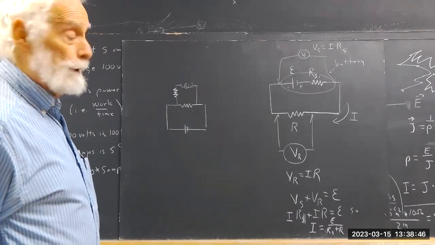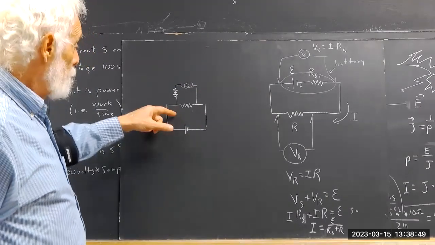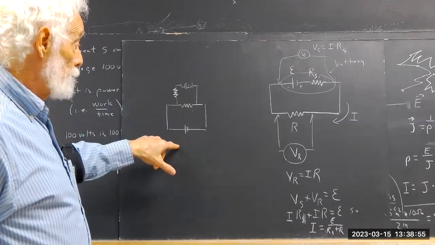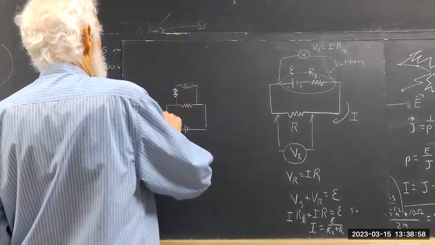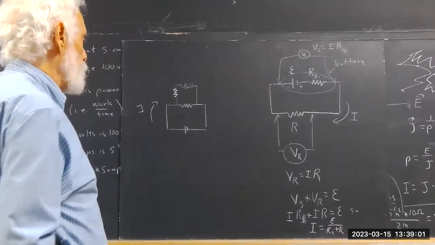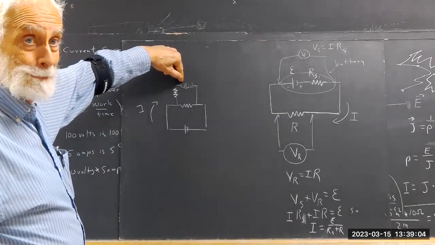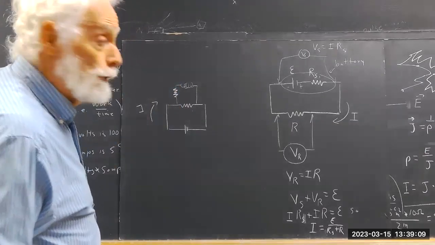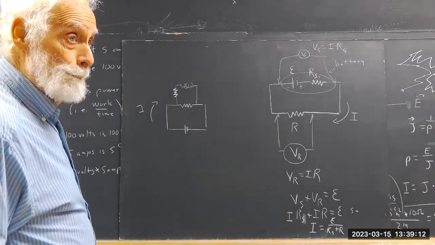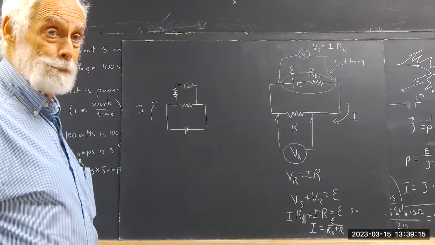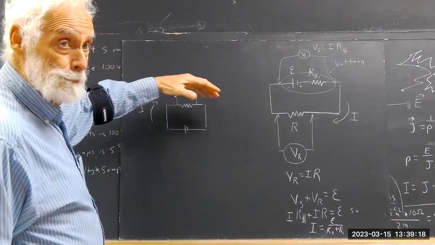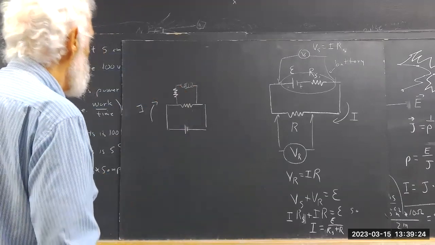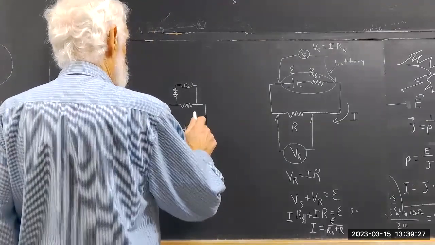That has two advantages. Number one, it doesn't pull much current from the circuit, so it doesn't reduce the current in the circuit very much. The second advantage is it protects the coil. That's the way a voltmeter works: it consists of a big resistance and a coil. It doesn't pull much current and doesn't damage the coil.